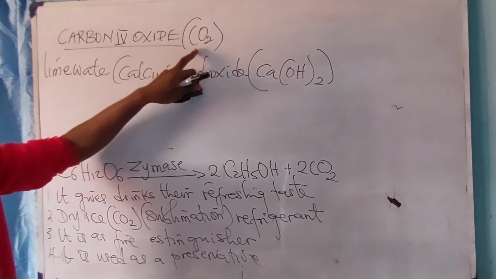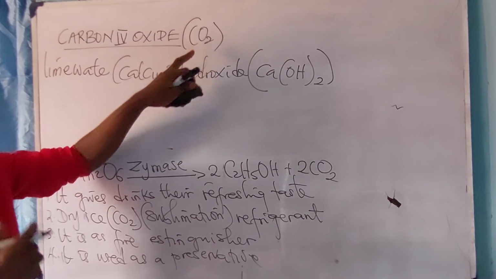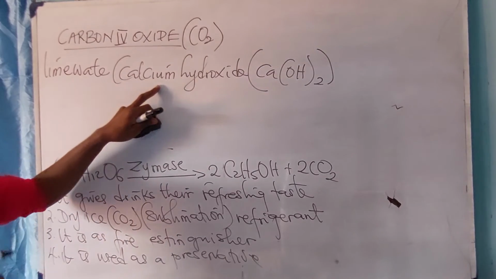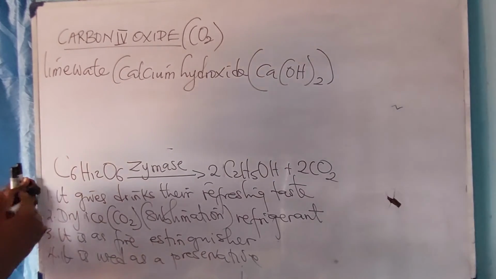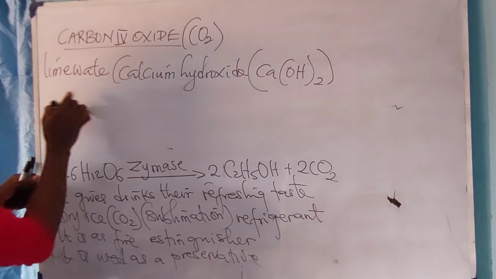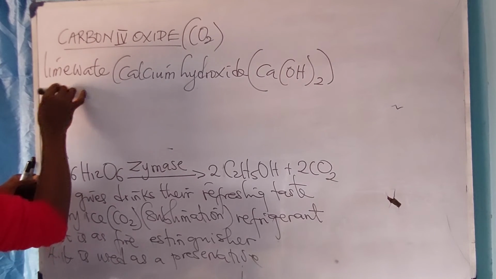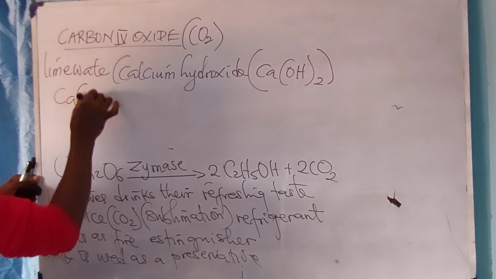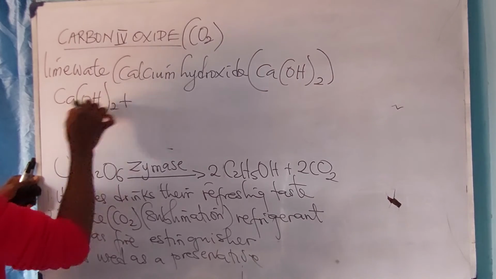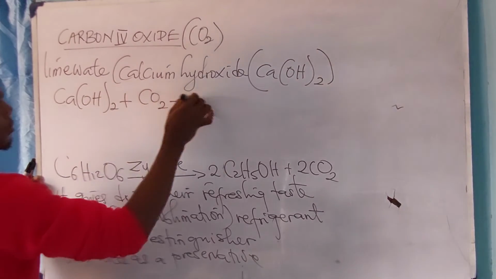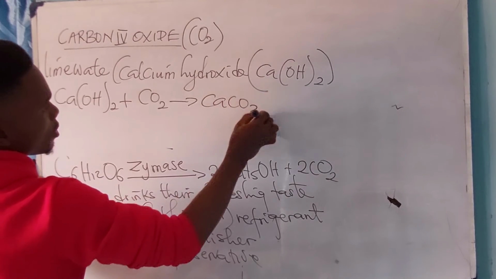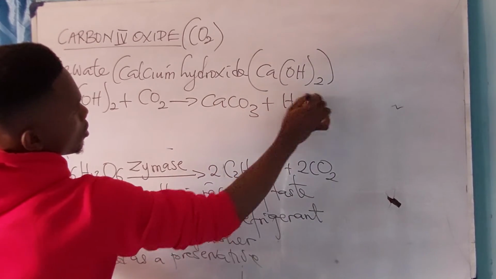The confirmatory test of carbon 4 oxide is that it turns lime water milky as the result of the deposit of CaCO3. When it reacts with this lime water, it forms CaCO3 and water.